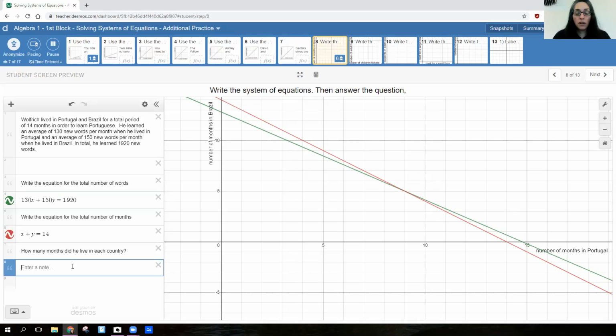So 9 months in Portugal, and 5 months in Brazil. All right. Good. Once you have that, move on to slide 9.